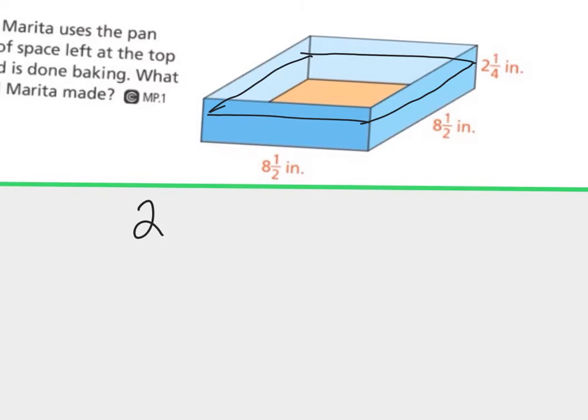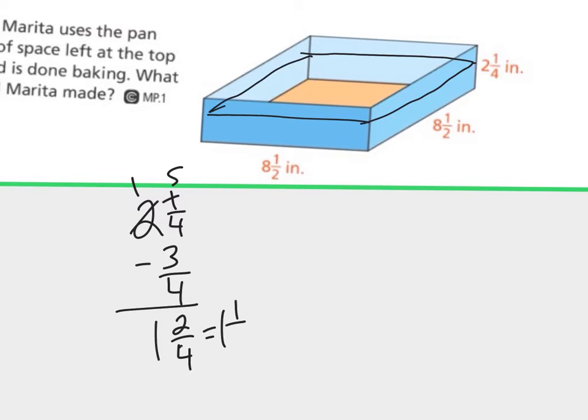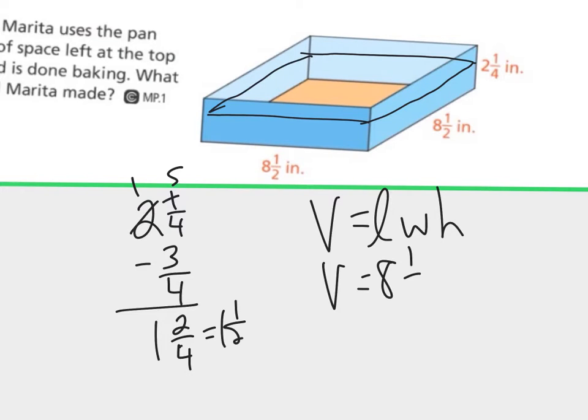Well, 2 1/4 minus 3/4. It tells you it's 3/4 of an inch away. So you could borrow. That'd be 1 2/4 or 1 1/2. So we've actually got our cornbread only going up 1 1/2 inches. So 8 1/2, 8 1/2, and 1 1/2.